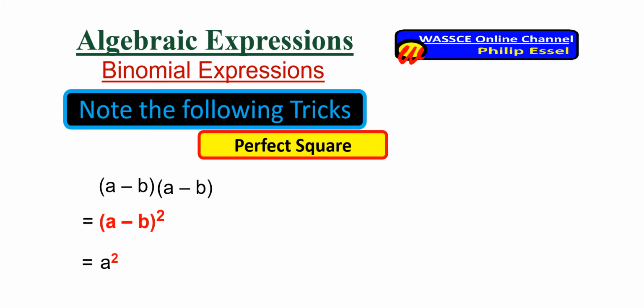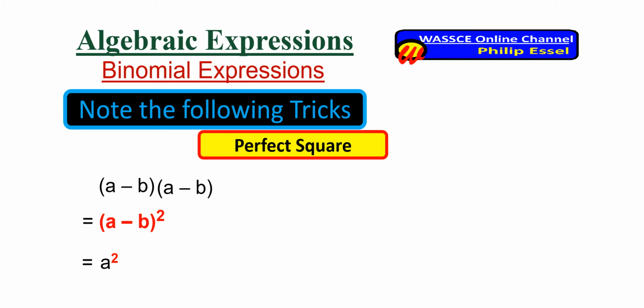We would then multiply the first term, the second term, and the square together. So the first term is a, the second term is negative b, and the square is the number 2. So a times negative b times the number 2 we multiply together.